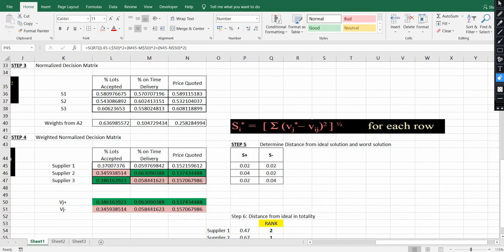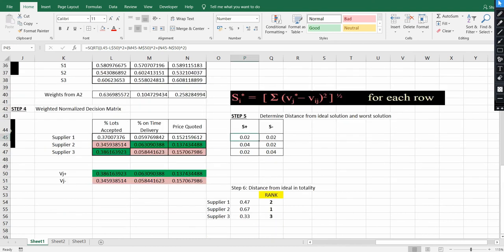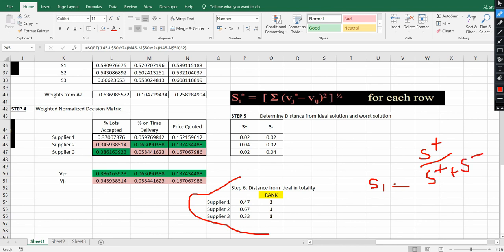Okay, now we have to see the distance of each alternative from the ideal solution in totality. So what is the formula for finding out the distances? The distances are calculated over here. Suppose for supplier 1 the formula will be S plus divided by S plus plus S minus.